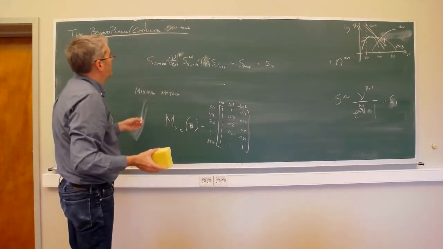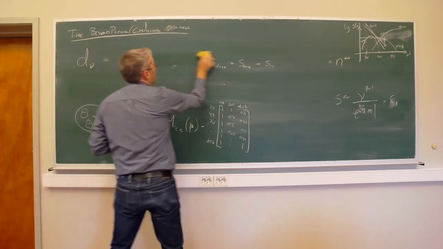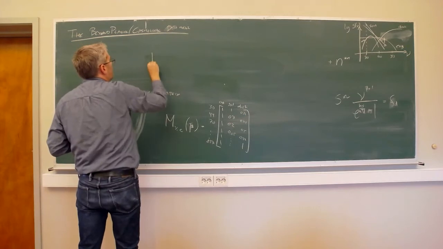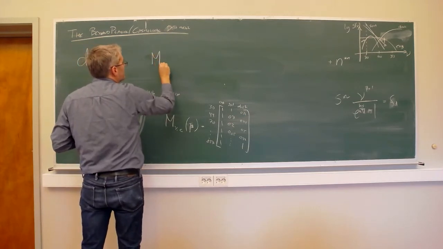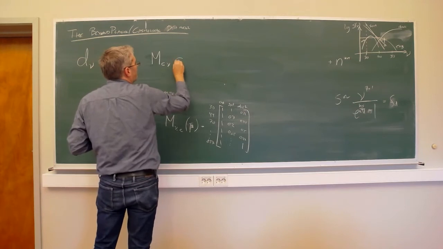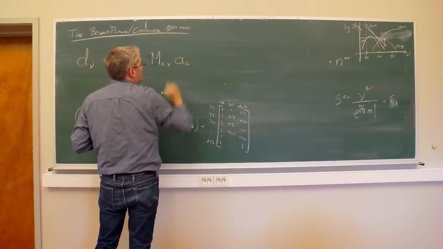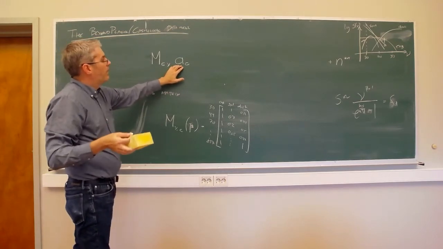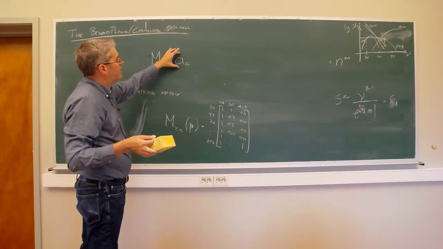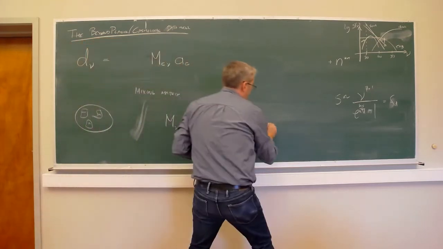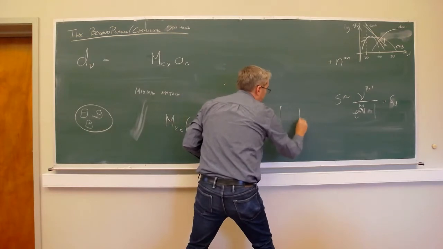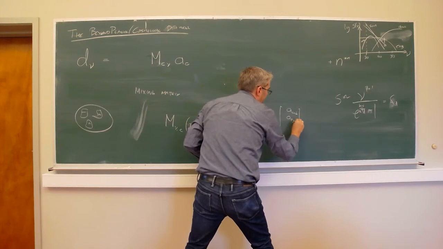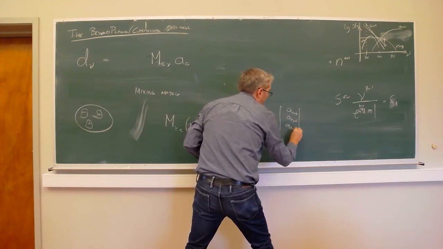If we do that, we can replace this whole line of different components here with a much more convenient expression that simply looks like M of c nu, and then some general amplitude vector A c. Think about this as the sky map of component c. So A is now a stacked vector of A CMB for each of the pixels, A sync for each of the pixels, A dust, and so on.